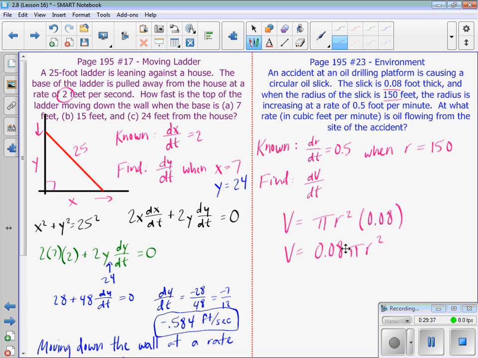And then what do I have to do before I start plugging things in? Okay, so if I take the derivative, this would be dV dt. What happens when I pull the 2 down here? It turns into 0.16 pi. And then this would be r to the first, and then what do I need in the back? dr dt.